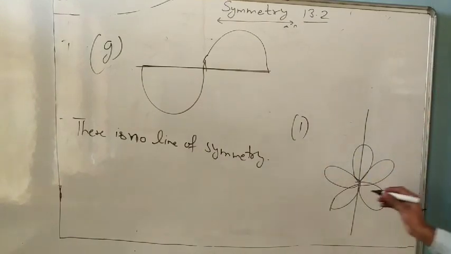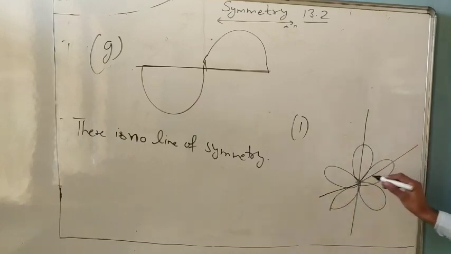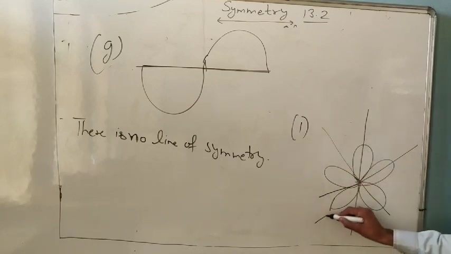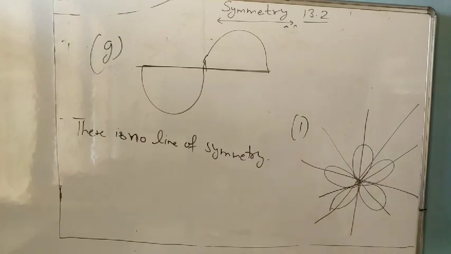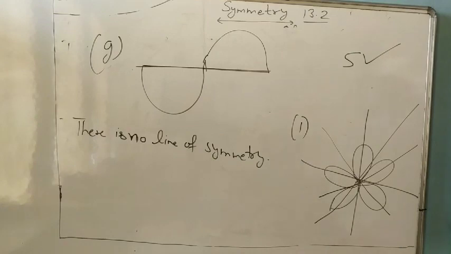One. And next is same as it is. We will take the middle of this one. 2. Same as it is. 3. Next is 4. And next same as it is. 5. How many lines of symmetry? There are 5 lines of symmetry. So you will make the figure yourself. Okay.